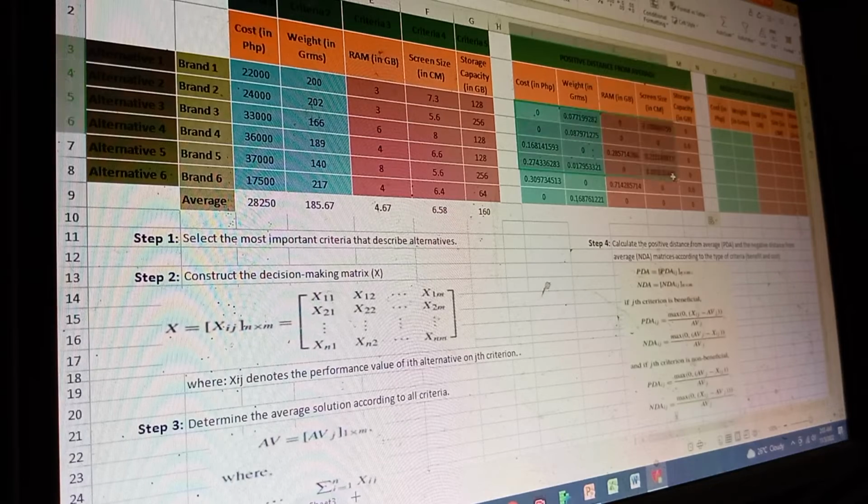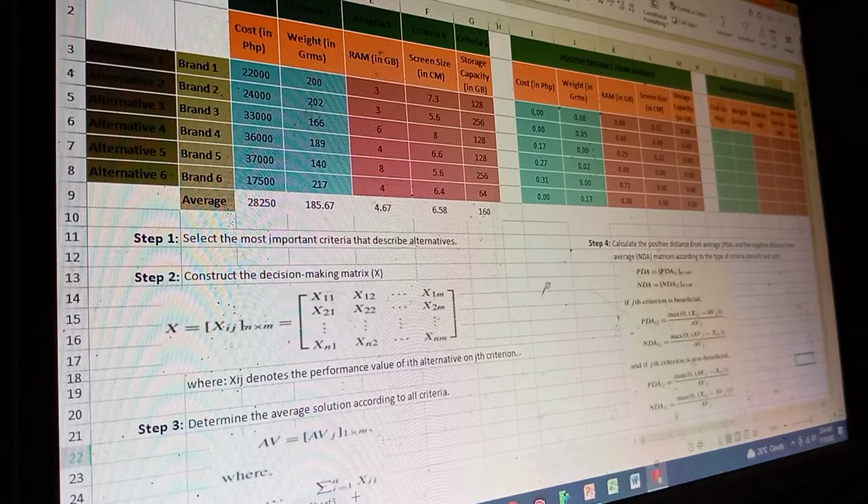So we will use 2 decimal places for these values also. Okay, 2 decimal places will do.